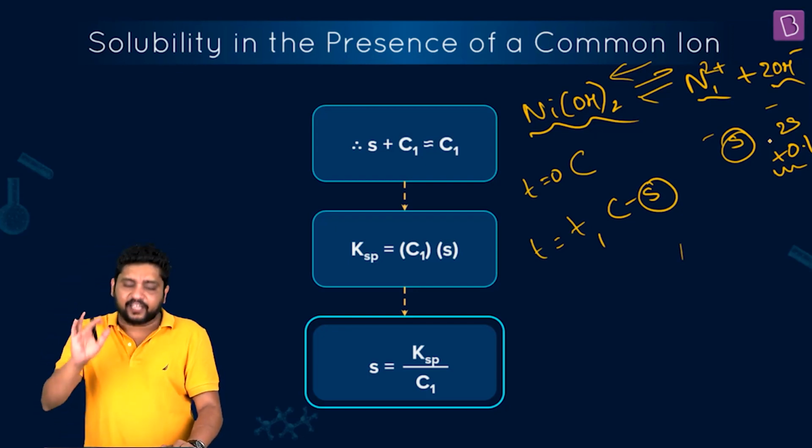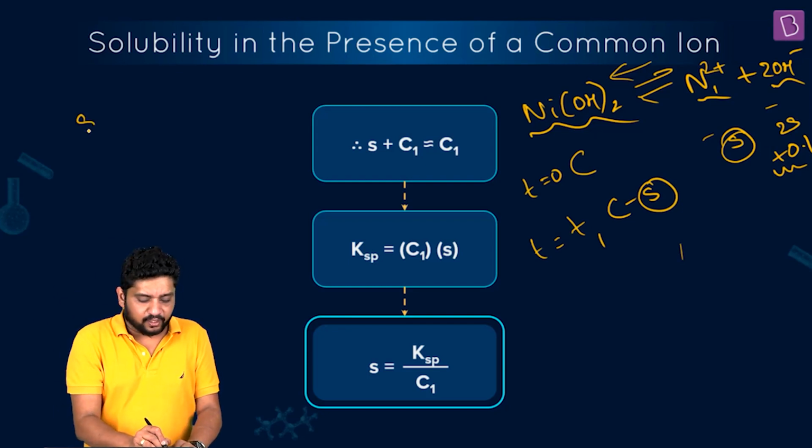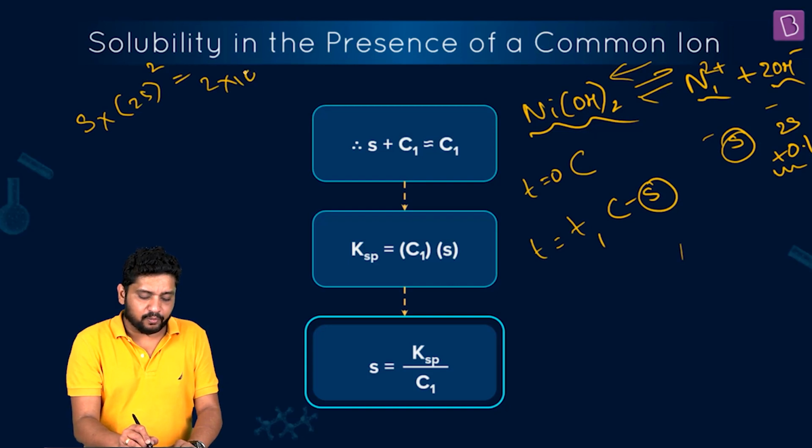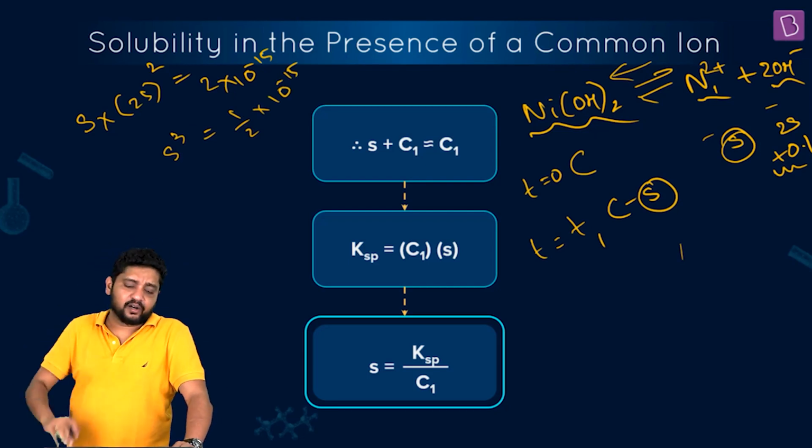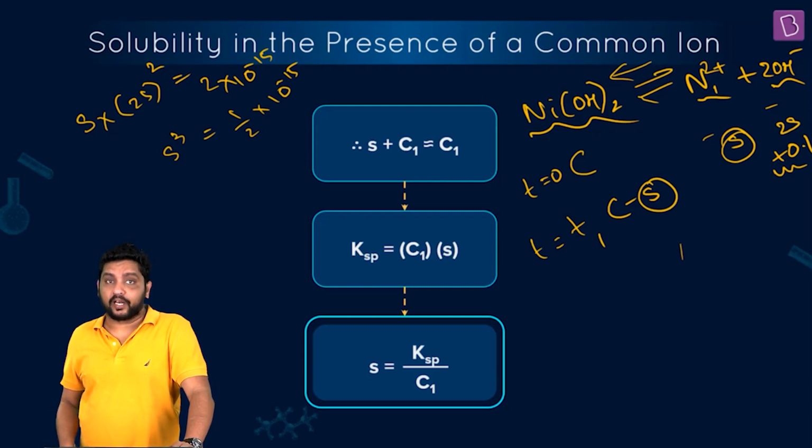If only Ni(OH)2 was present, I would have said, okay, S into 2S whole square should be equal to 2 into 10 to the power minus 15. From here, I can say that S cube is equal to 1 by 2 into 10 to the power minus 15, which means S is roughly of the order of 10 to the power minus 5 molar.